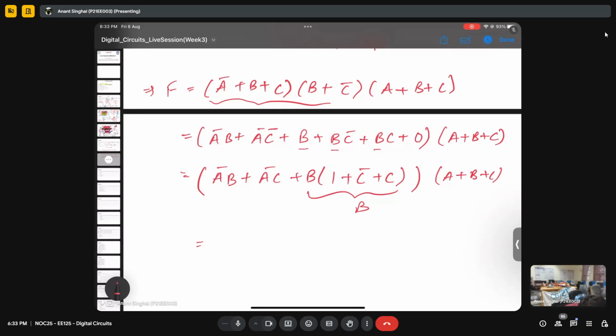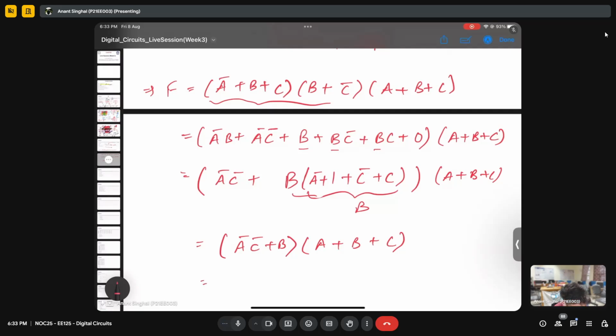Yeah, no, it is correct. I can also take b common from here. So let me rewrite this: it is a bar c bar plus b, with 1 plus a bar, so this whole term is nothing but b. So it is a bar c bar plus b multiplied by a plus b plus c.